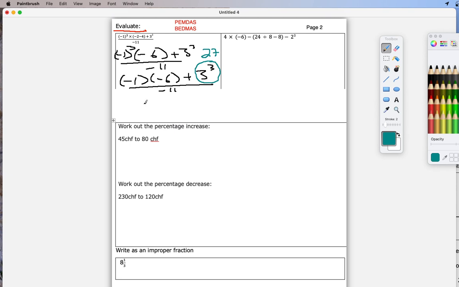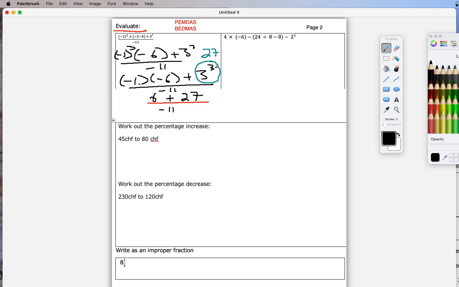So let's imagine I put my line here, like so. What's -1 times -6? Well, you should get +6 from these two together, plus 27 divided by -11. So we did the multiplication, and I remember I didn't add yet.